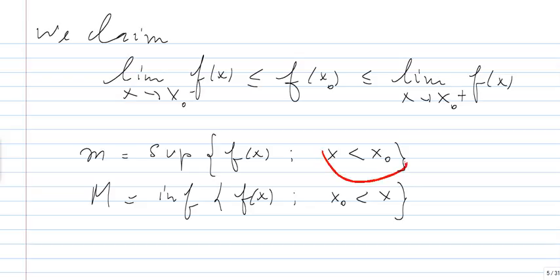So you see, if you have this, then by monotonicity and the fact that f of x is increasing, you are going to have f of x less than f of x0.